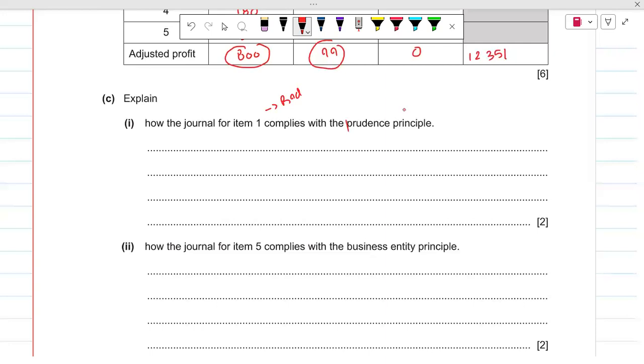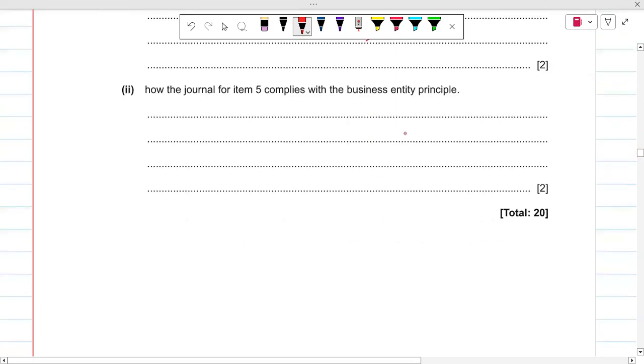Prudence basically states that profit and assets should not be overstated, and losses and liabilities should not be understated. So because irrecoverable debt should be written off to ensure profit is not overstated, it complies with the prudence principle. And after that, we have the question: how the journal entry of item 5 complies with the business entity principle.